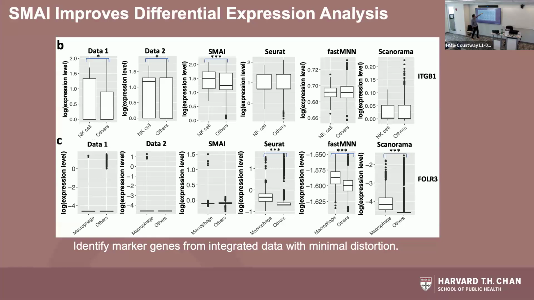After integration by this SMAI, we preserve the differential pattern, whereas other algorithms, because of distortion of the expression level in order to make the alignment, lost that differential pattern. Here below is a counter example where the genes do not show any differential patterns, but other algorithms somehow create these artificial patterns after all.